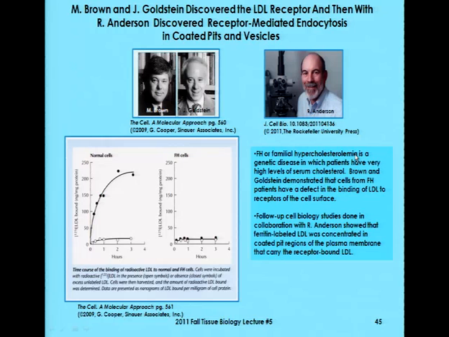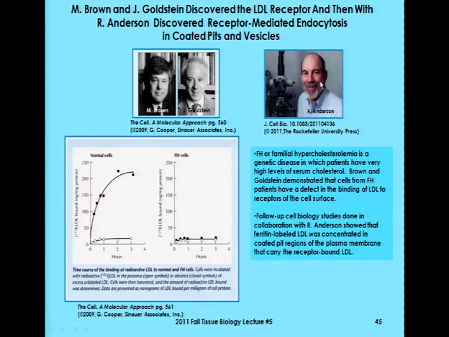These patients have high levels of serum cholesterol, and when cells of these patients are studied, the radioactive labeling of the LDL in this study shows that there is very little binding to the cells of these patients. So these patients do not have receptors for LDL present.